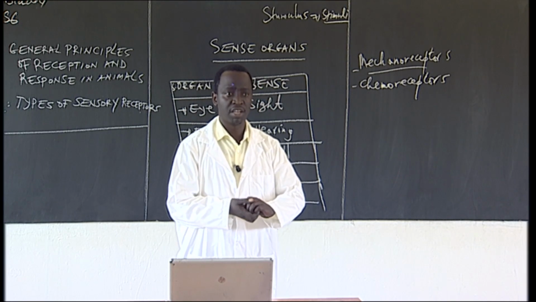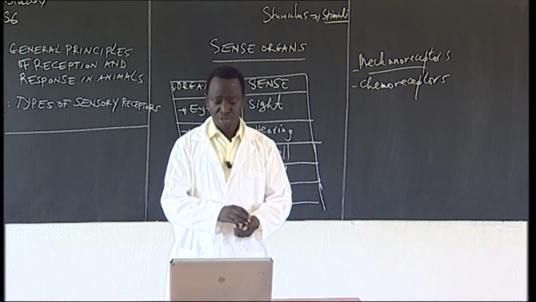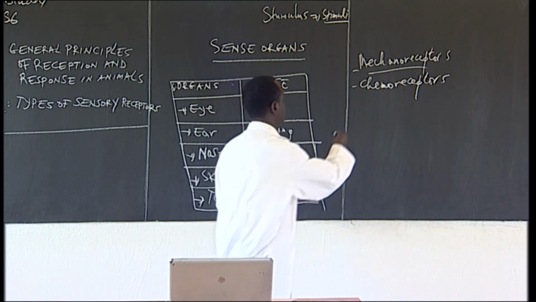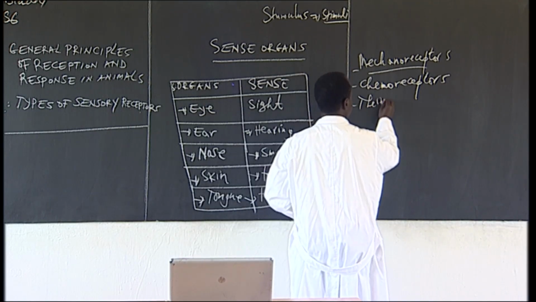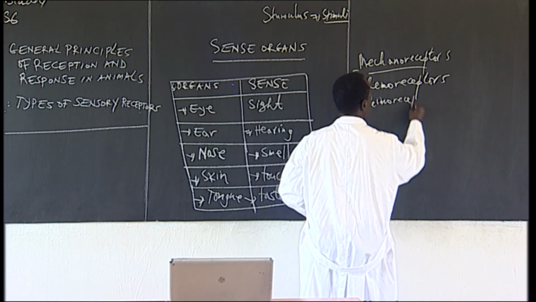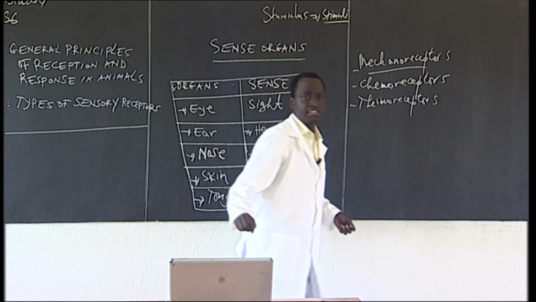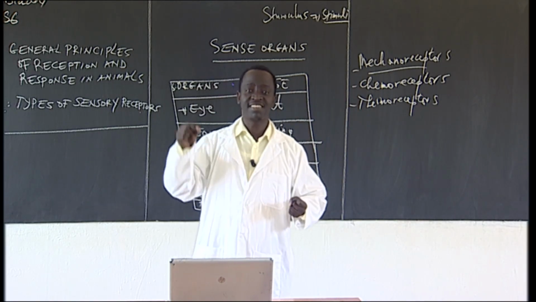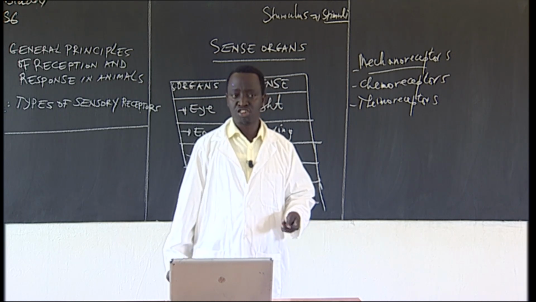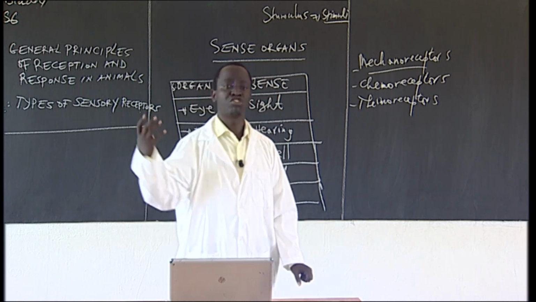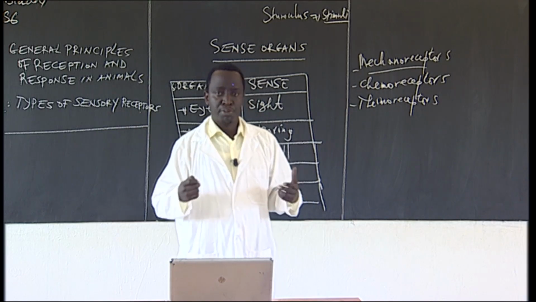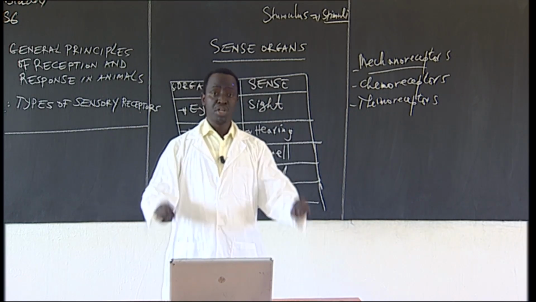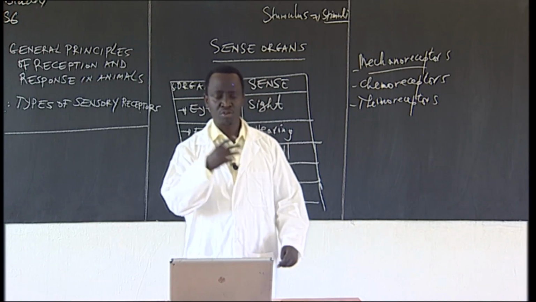Those are chemoreceptors. We have now what you call thermoreceptors. Thermoreceptors, as they say, those are receptor cells that can detect the change in the temperature. For example, when it is cold, when you wake up in the morning, then you sense that it is cold.